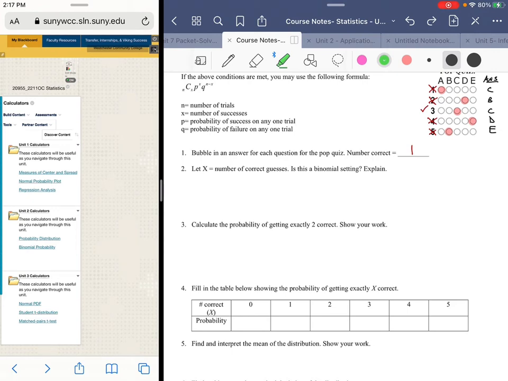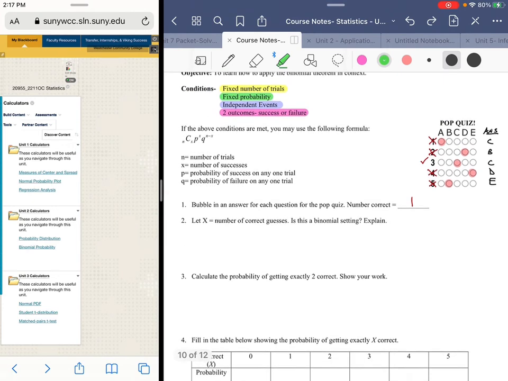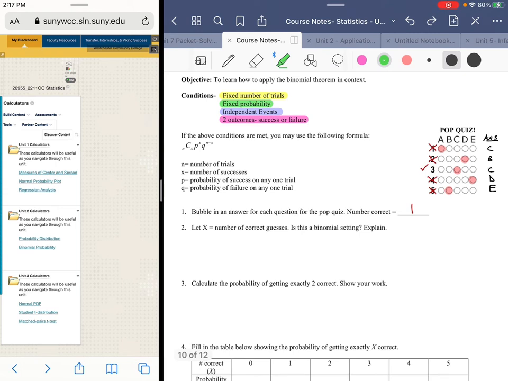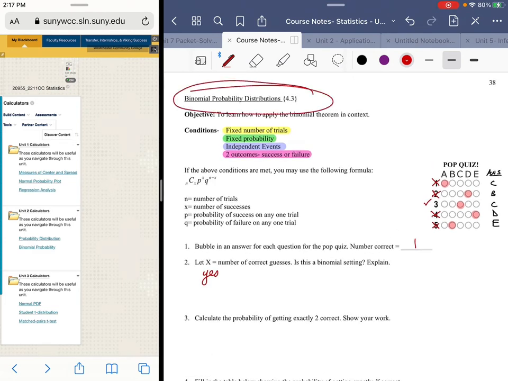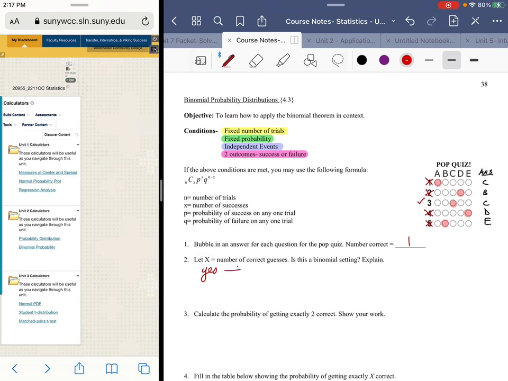It's entirely possible. But that's not what the question's asking. The question's asking us, is it a binomial situation? Is it a binomial setting? Well, I can say yes, because it's on the handout that says binomial probability distribution, so it must be. No. Fixed number of trials. There were 5 questions.